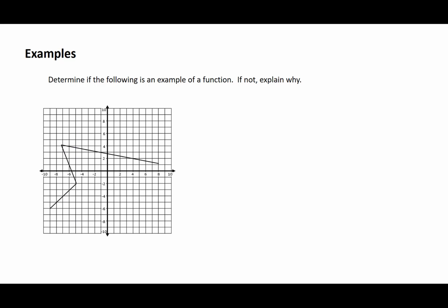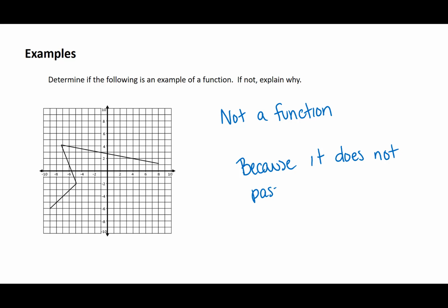So because it crosses in more than one spot, this is not a function. And why is because it does not pass the vertical line test. Or we could abbreviate VLT.